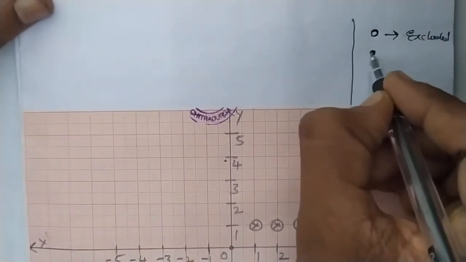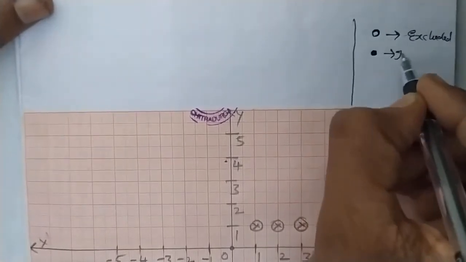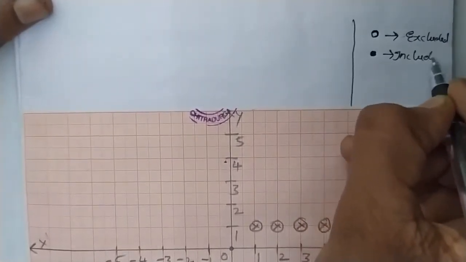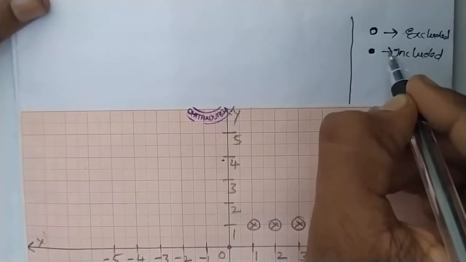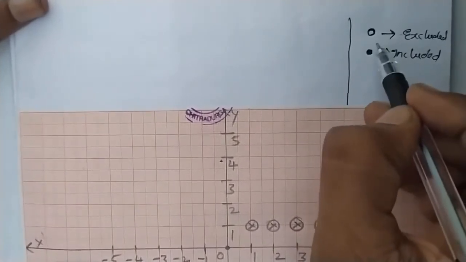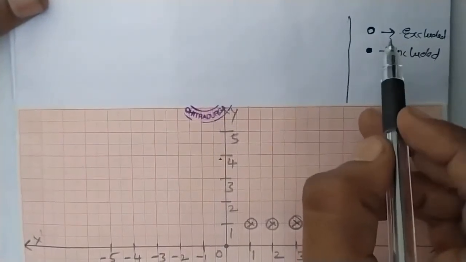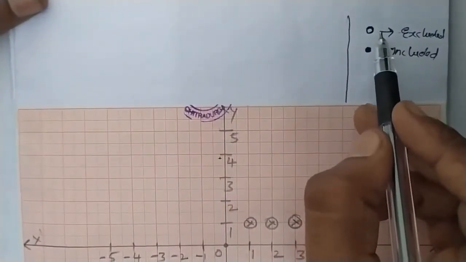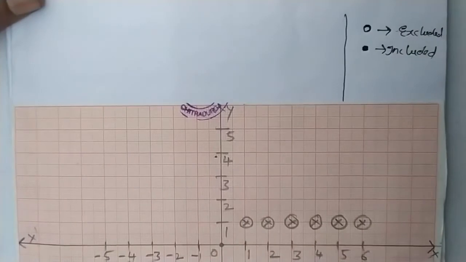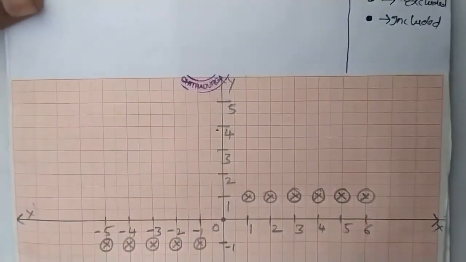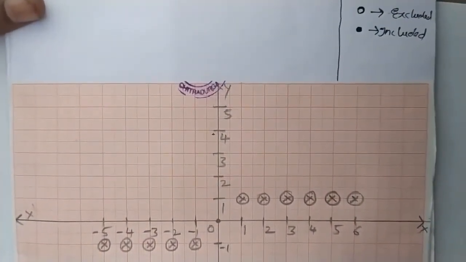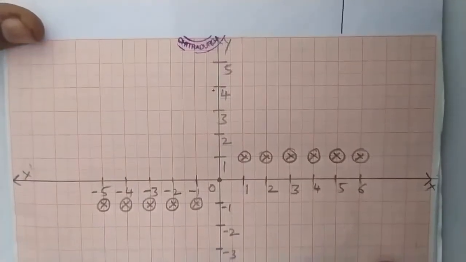This symbol represents included. There is a difference between these two symbols. About these symbols you are going to learn in your first year, in your first chapter. The chapter is sets. These symbols I am going to draw in this graph.